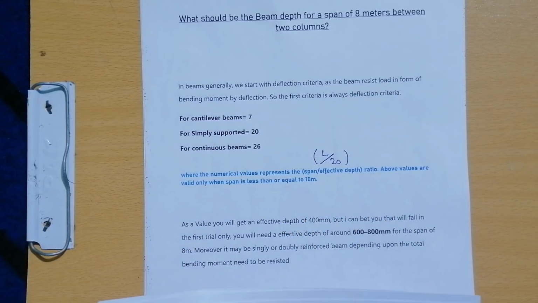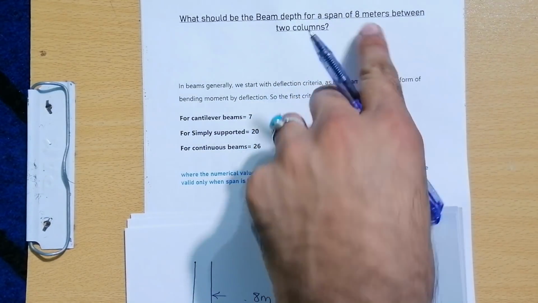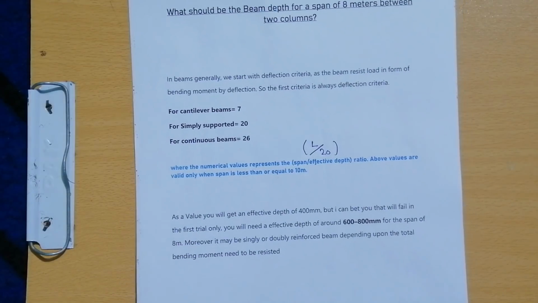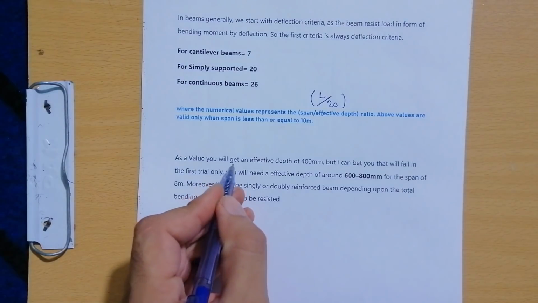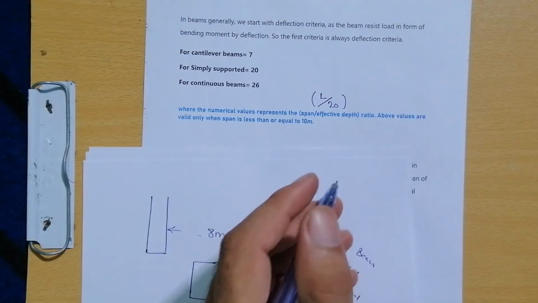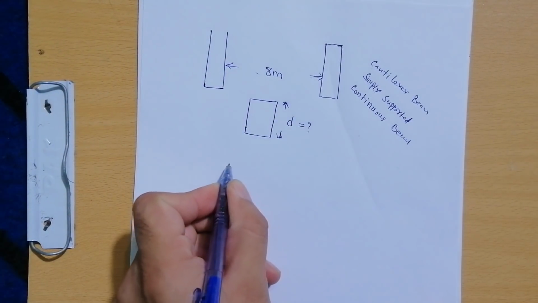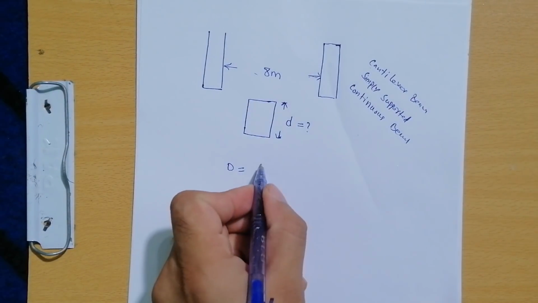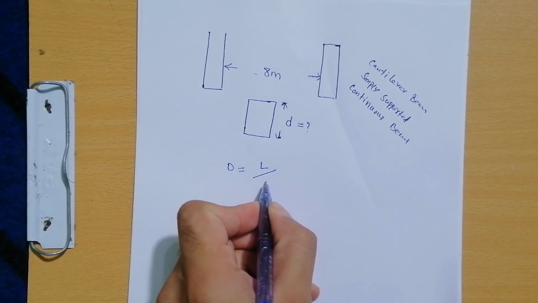So how can you find the depth of beam? For example, in the question we have a span of 8 meters between two columns. For that you will get an effective depth of 400 millimeter. How? The depth of beam is equal to L, the span, divided by the ratio.